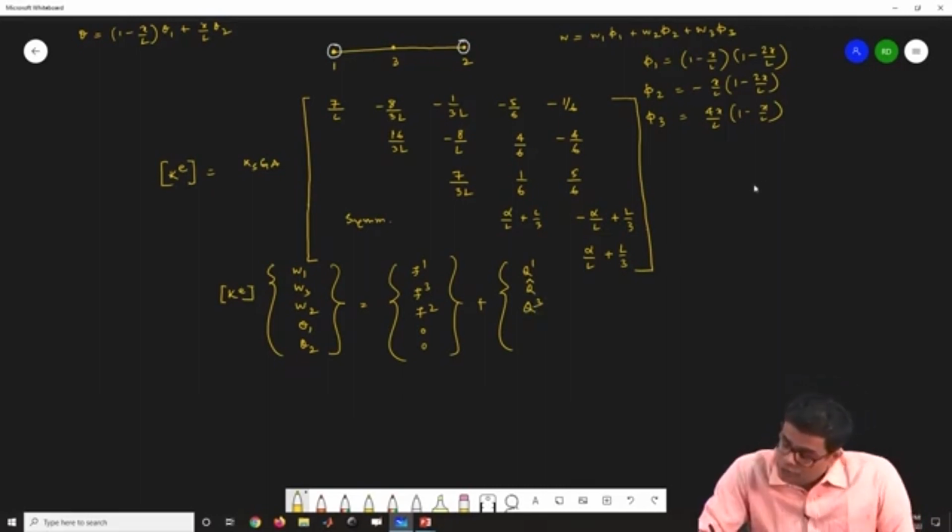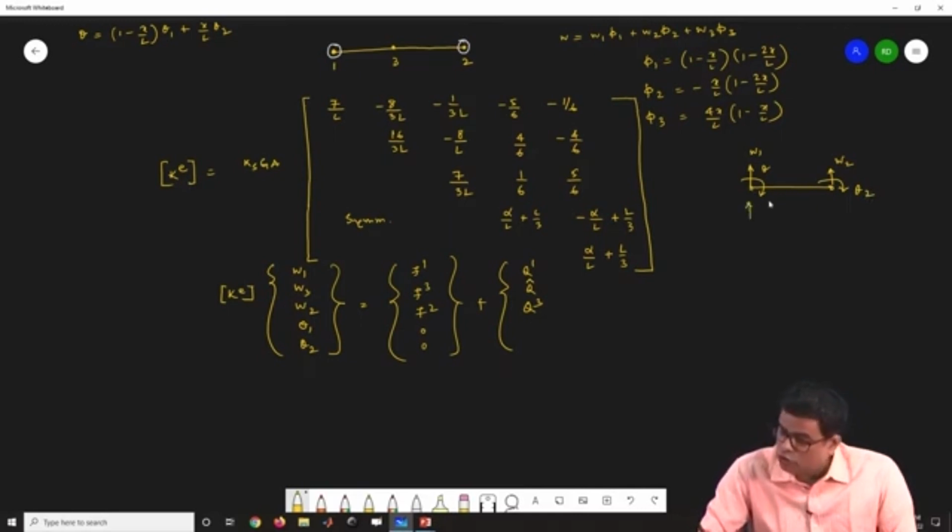If you remember Euler-Bernoulli beam, this is W1, this is my theta 1, W2, that is my theta 2, and then we will have the shear forces like this. This is Q1, this is Q3, and this is my Q2, and this is my Q4.